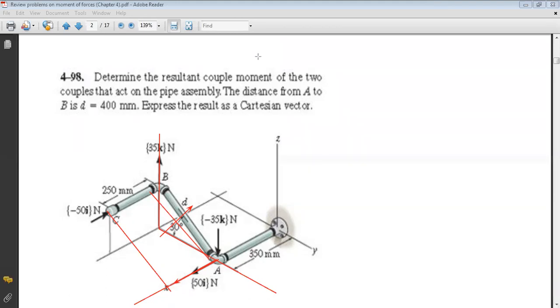Okay. So any question on this problem before we continue? Yes, doctor. When I wanted to calculate the moment about Y, I used the right-hand rule.